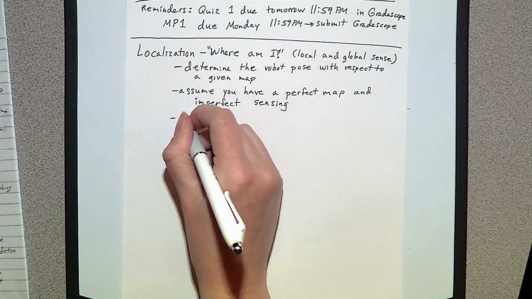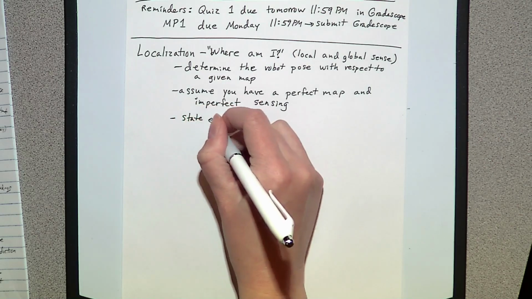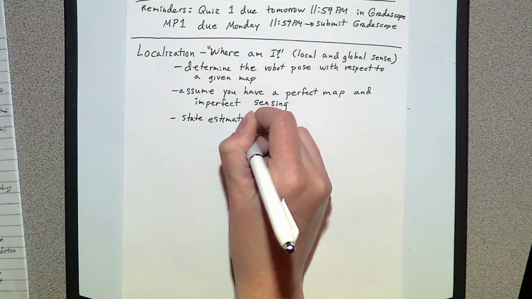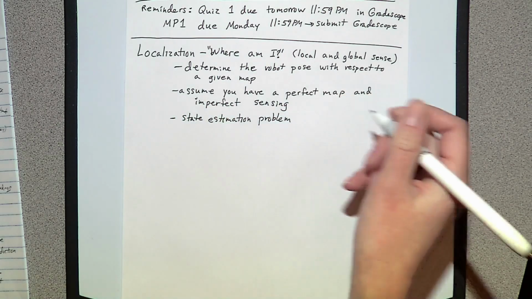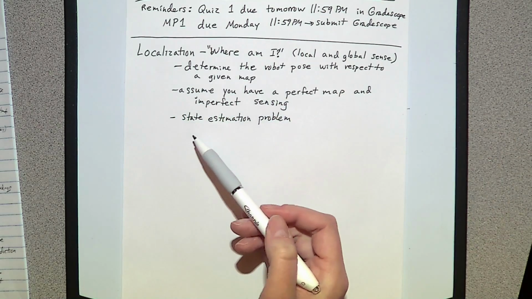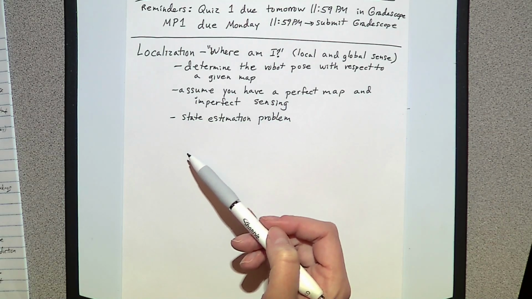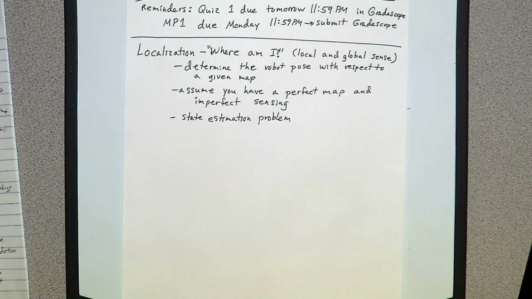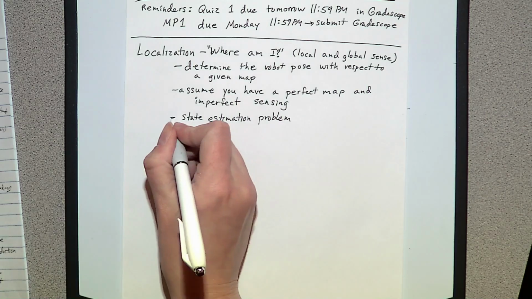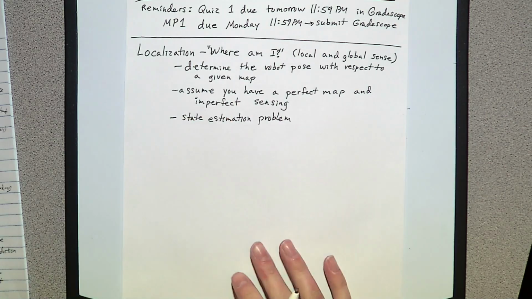And so this is also considered a state estimation problem. Now we said before, the state of our robot, we usually use XY theta. So our XY position in the plane, and theta would describe our orientation.